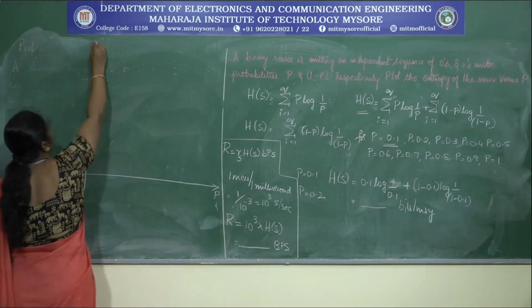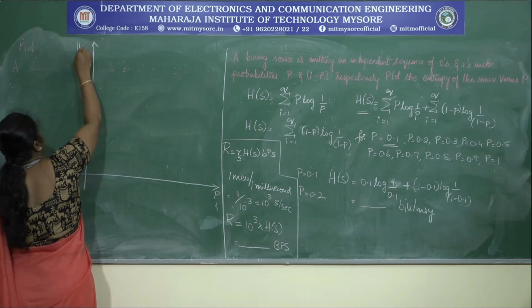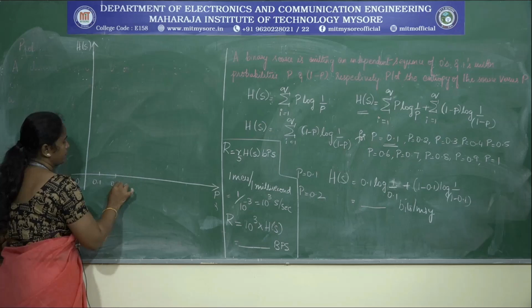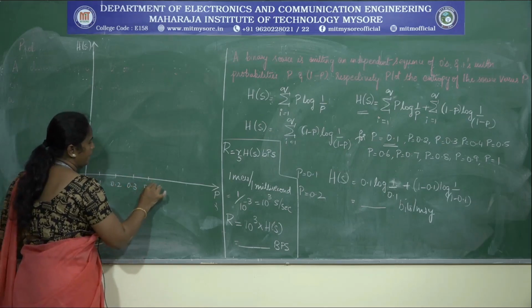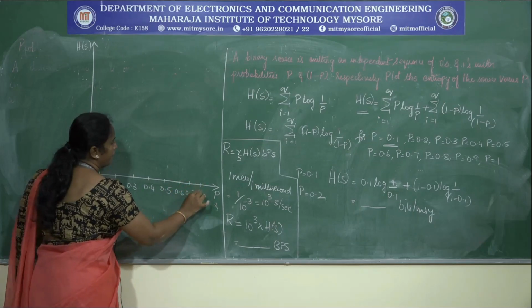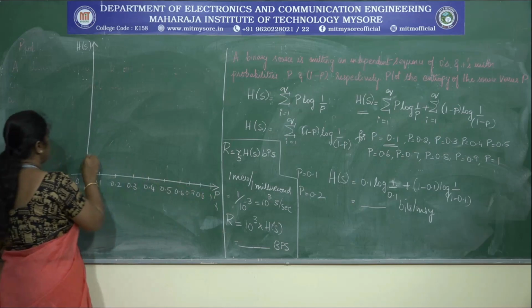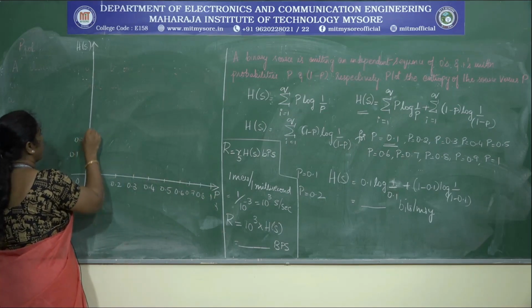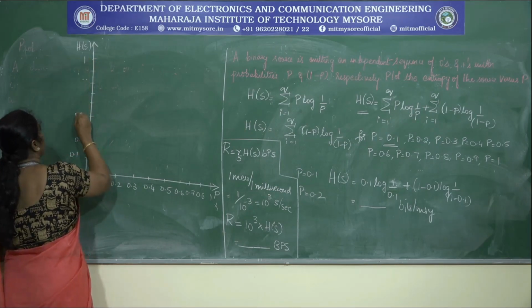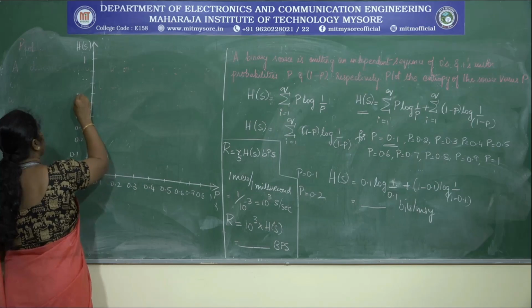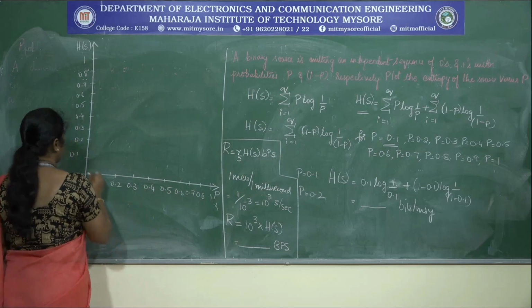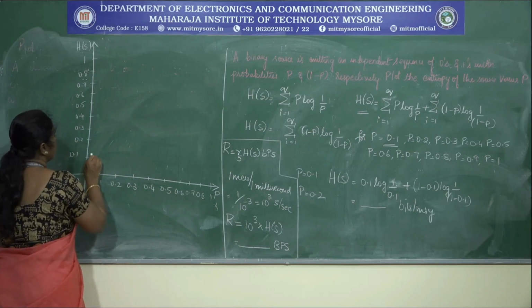This is your probability and this is your H of S. This is 0.1, up to 1. If you plot the graph, it will be like this.